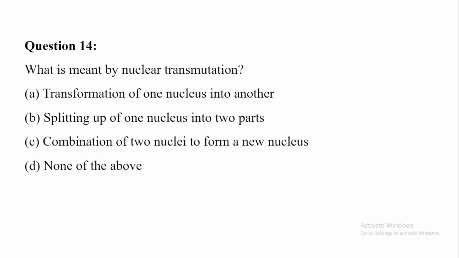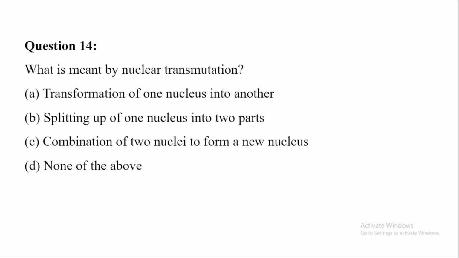Okay, moving on to the next question. Question number 14. What is meant by nuclear transmutation? Option A is transformation of one nucleus into another. Option B is splitting up of one nucleus into two parts.